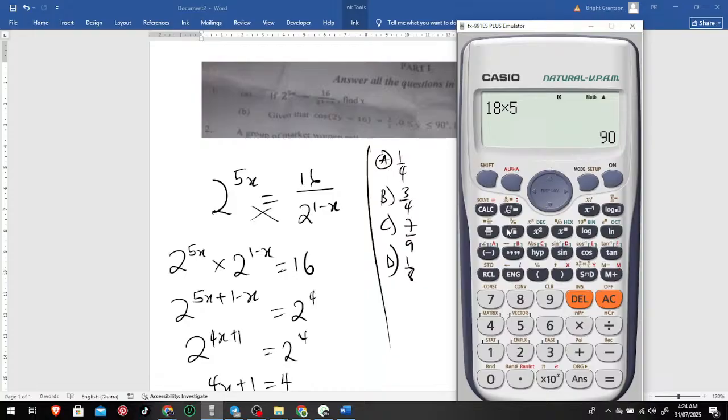Go to your calculator, write the equation: 2 exponent 5x, press alpha, close bracket, move the cursor, press alpha equal to, then 16 over 2 exponent 1 minus x. It should be 1 minus x.